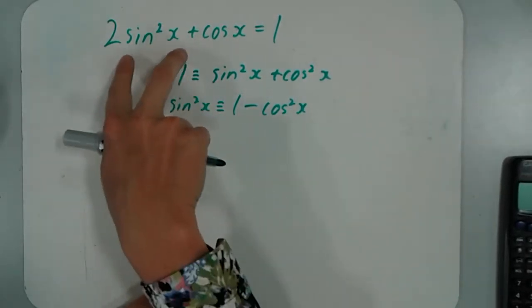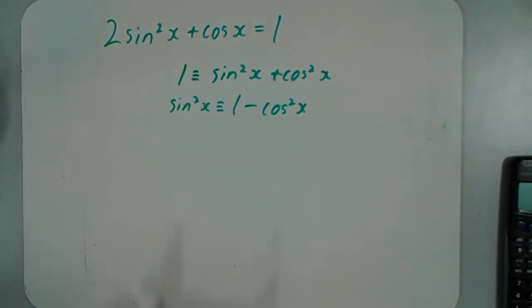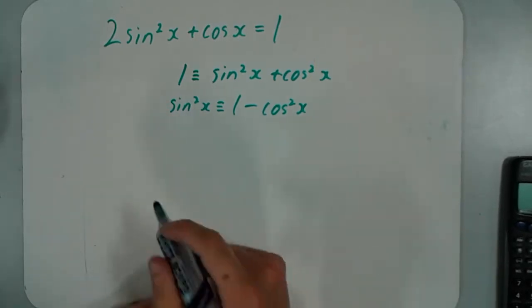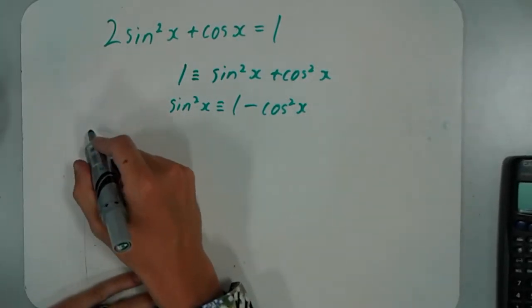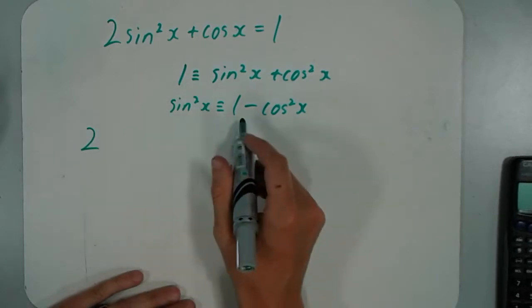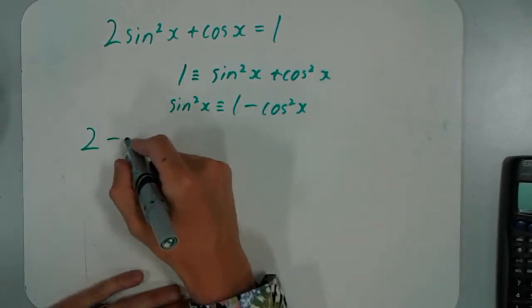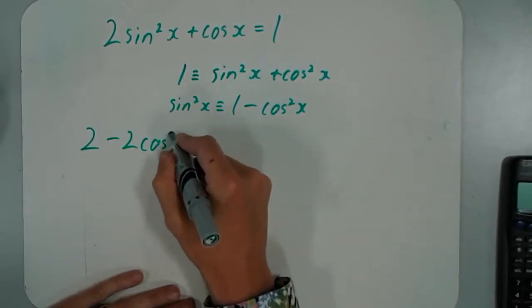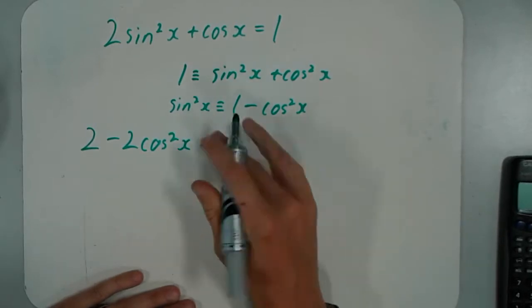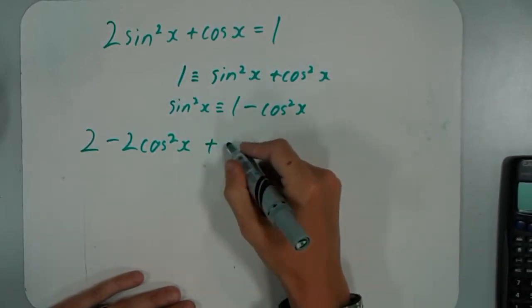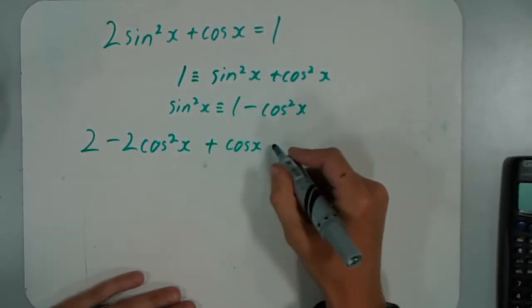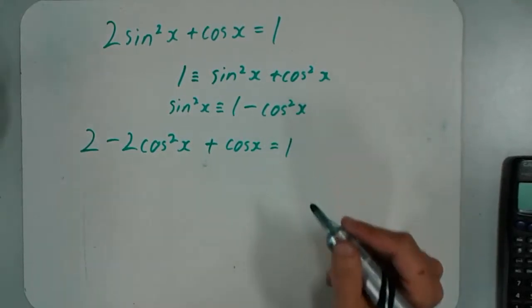Then everything in this equation will be written in terms of cos x. We can solve it as a quadratic. So let's do that. 2 minus 2 cos squared x plus cos x is equal to 1.